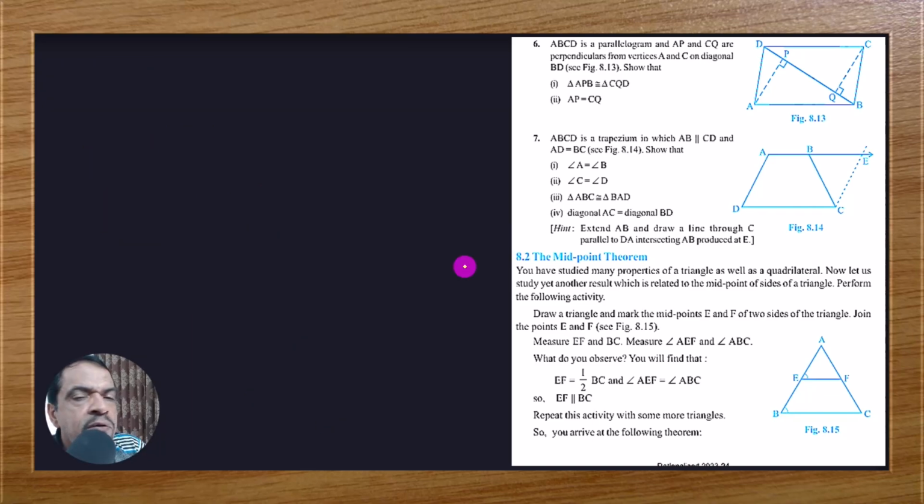Now student, the very important part of this chapter: midpoint theorem and converse of midpoint theorem. Midpoint theorem proof I already uploaded on the YouTube channel, and I am giving you the basic explanation. The very simple midpoint theorem means in a triangle, if the midpoints of two sides are joined, then this line will be parallel to the third side and will be half of it.